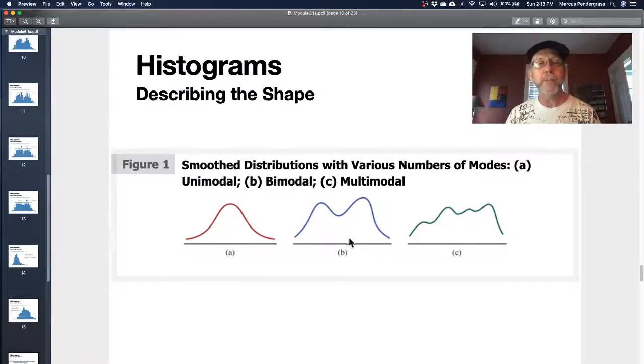It's not quite symmetric. Here's a multimodal distribution. You can see at least two and maybe even three or four peaks. So one way we categorize distributions is by how many modes they have, how many peaks. Unimodal being one, bimodal being two, three or more peaks would be multimodal.